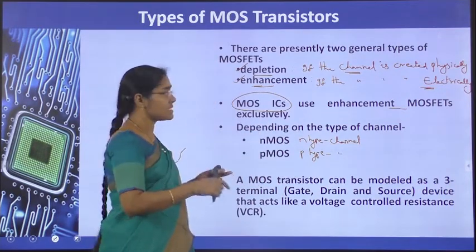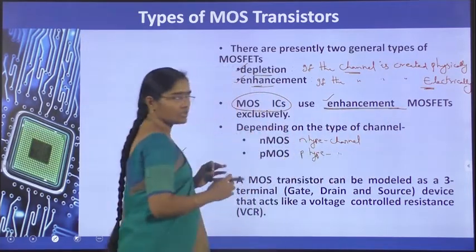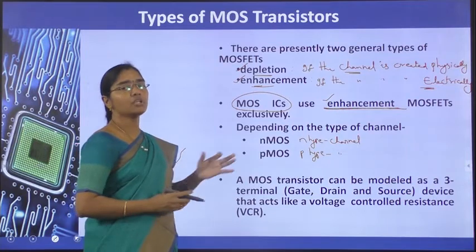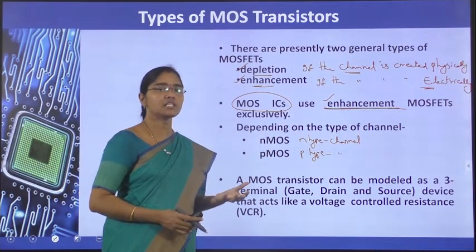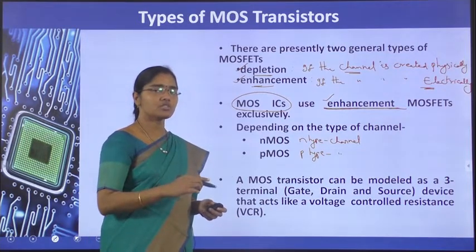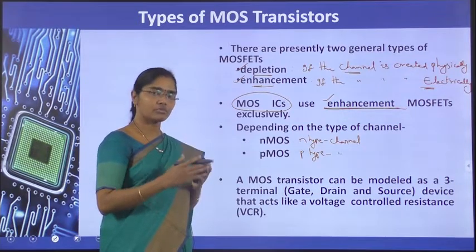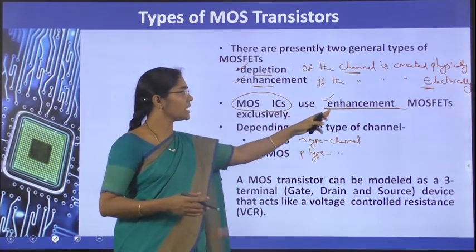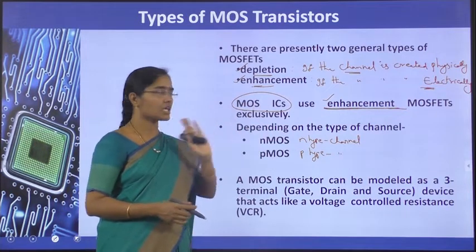And in those ICs, enhancement MOSFETs are only used because depletion MOSFETs are initially acting as the on switches. So because of on switches, they may use some power. So to avoid all those, only enhancement MOS transistors are going to be used in MOS ICs exclusively.